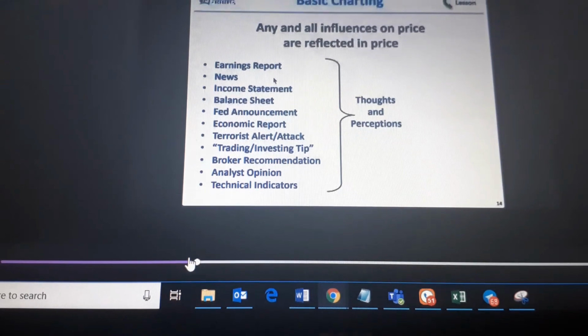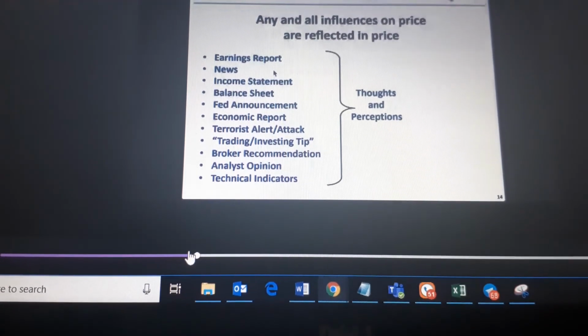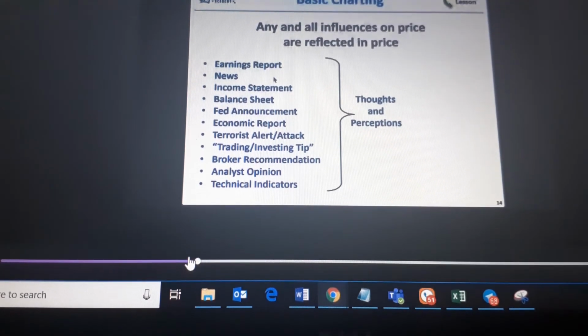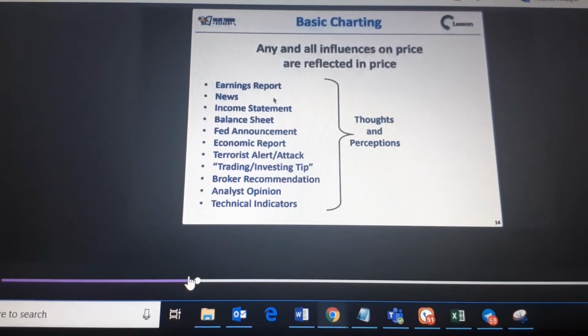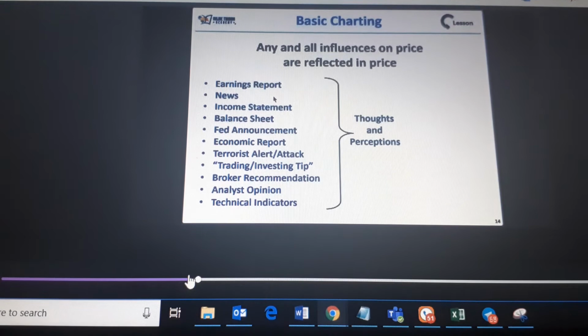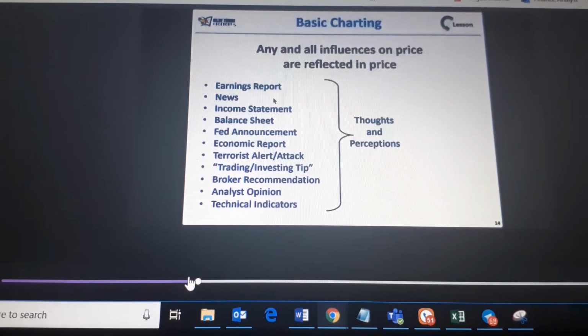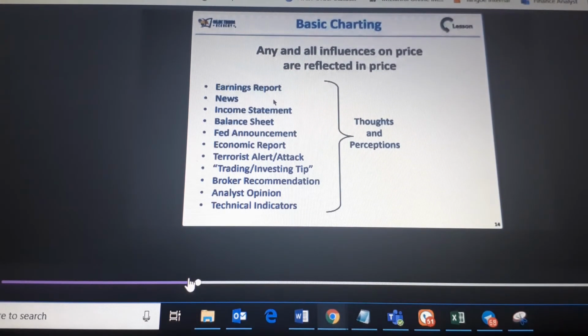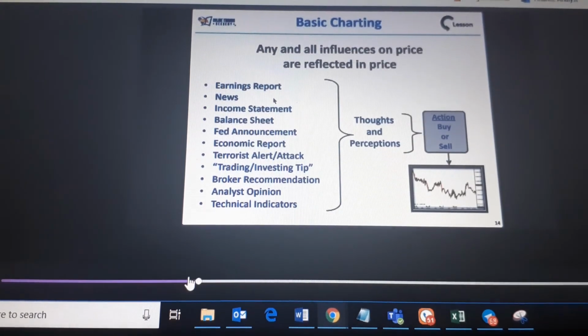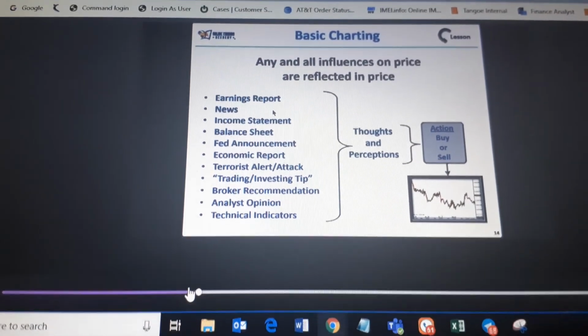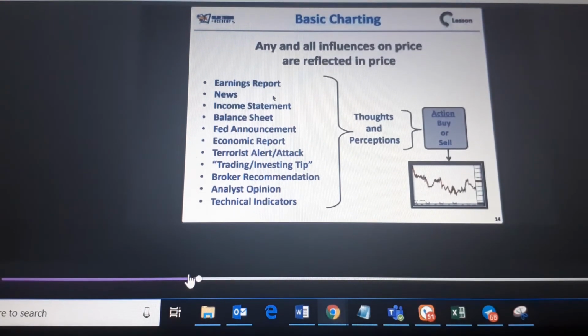So you develop thoughts and perception that the price for this stock is going to go down because the earning report is not good. The news is not good for that company. So what everybody does is they develop thoughts and perception, and with that, they develop an action, whether to buy or sell.